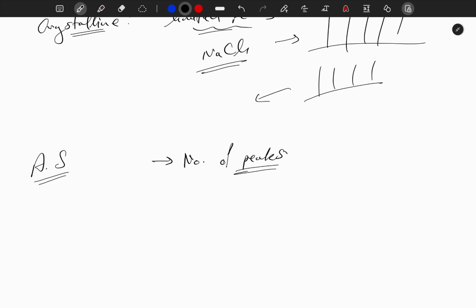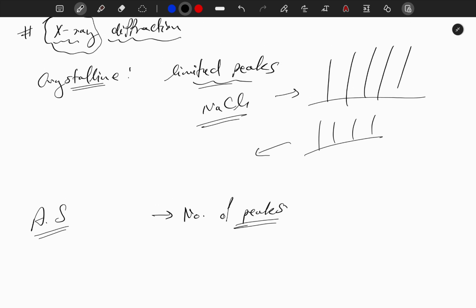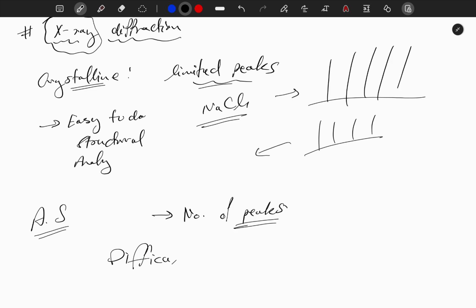So due to this, in crystalline solids it is easy to do structural analysis, but it is very difficult in the case of amorphous solids.